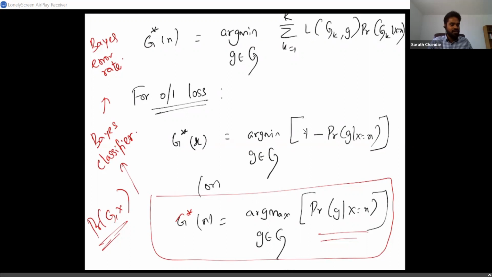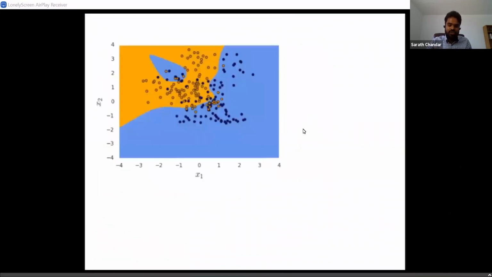Okay, and as you can guess, often it is not possible to compute the Bayes error for the problem at hand, simply because we don't have access to the joint distribution. But for the toy example that we have been discussing in the lecture, I generated this data set. So I created the joint distribution, which is the probability of x1, x2, comma, the class, which is blue or orange.